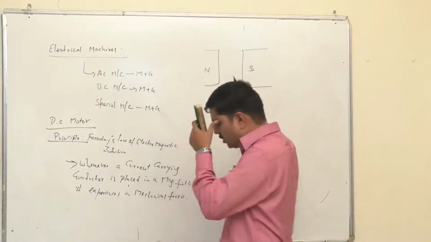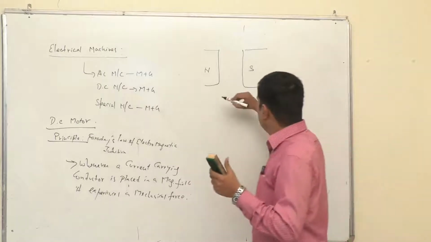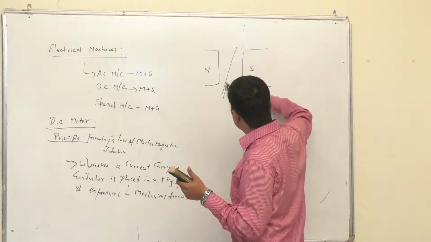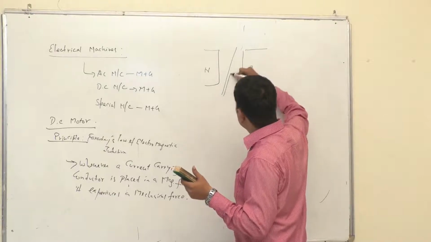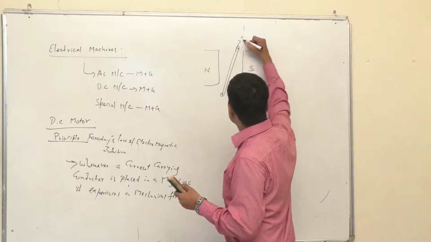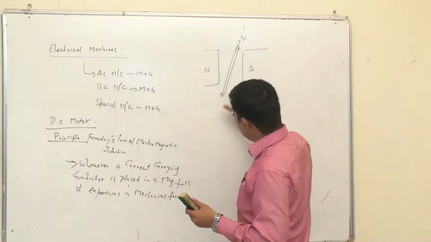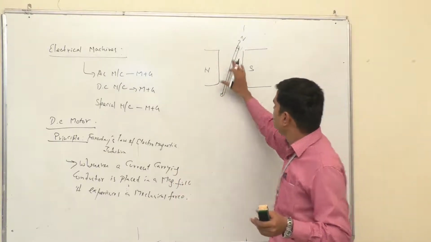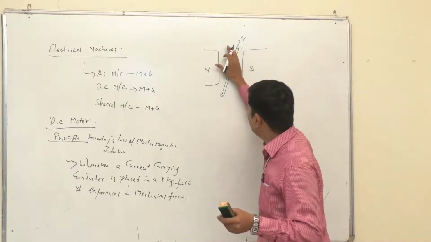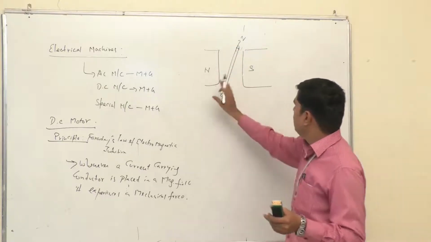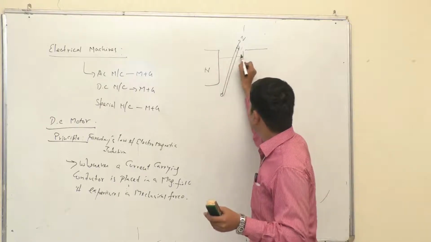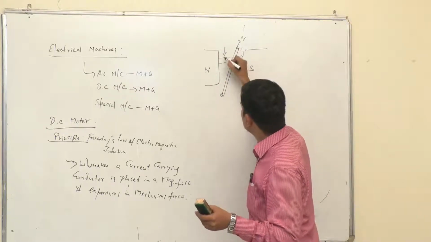This is the north pole and south pole, this is a permanent magnet. Here, this is a conductor. So the conductor is copper, we are passing a current in the conductor, so it creates some electric field. Here there is already a permanent magnet, so the fields travel from north pole to south pole, that is magnetic lines of force.